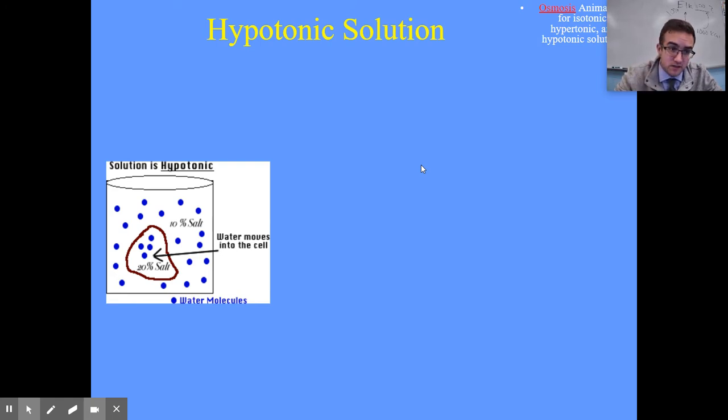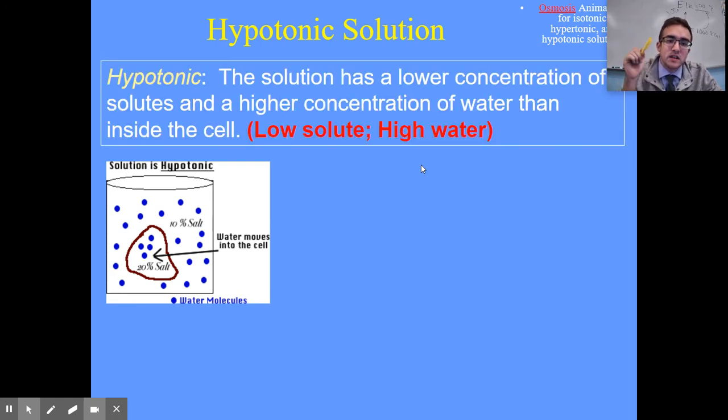What a hypotonic solution is, it's a solution that has a lower concentration of solutes and a higher concentration of water than inside the cell. So if we were to place this cell here in this beaker of salt water, okay? If the beaker of salt water had 10% salt, well, inside the cell has 20% salt.